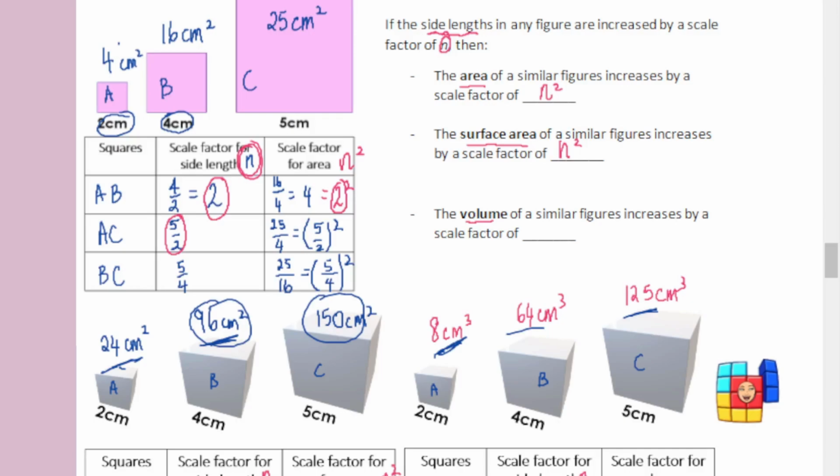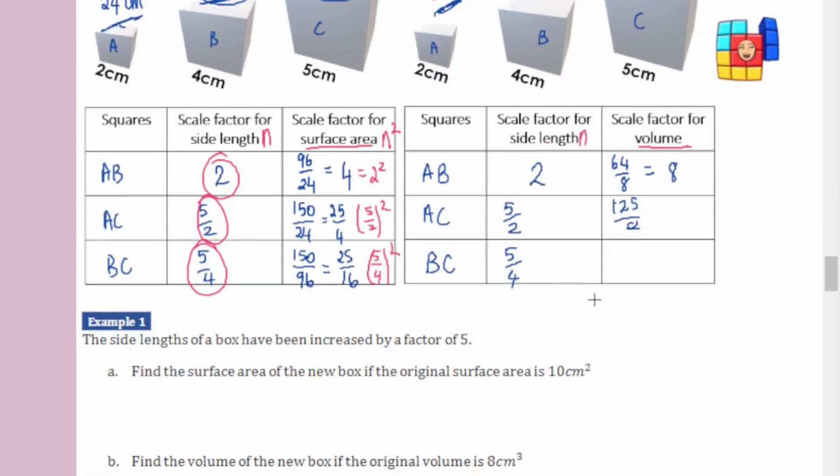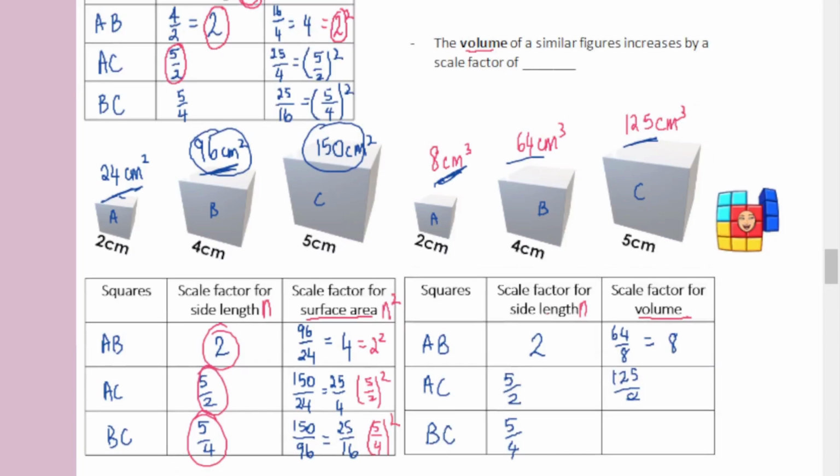Oops, I'm writing and you can't even see, sorry. Let me scroll there. So the scale factor for AB was 64 and 8. The scale factor for AC, A and C, is over here, 125 and 8. And the scale factor for BC, B and C, is 125 and 64.